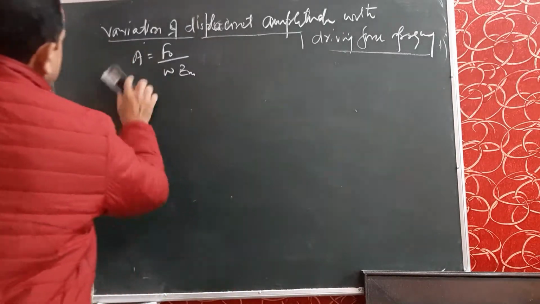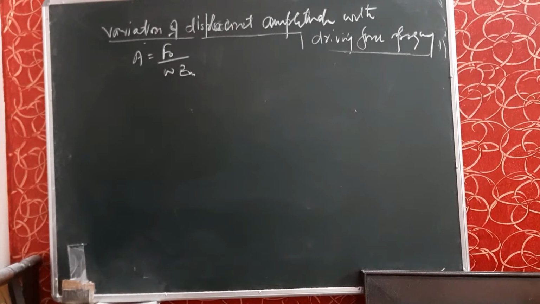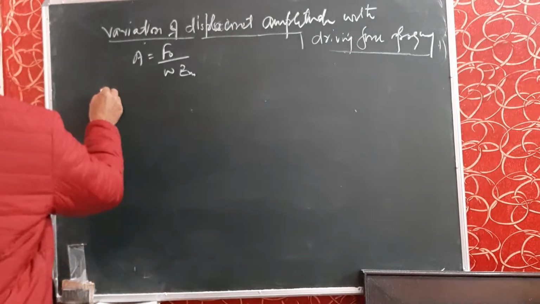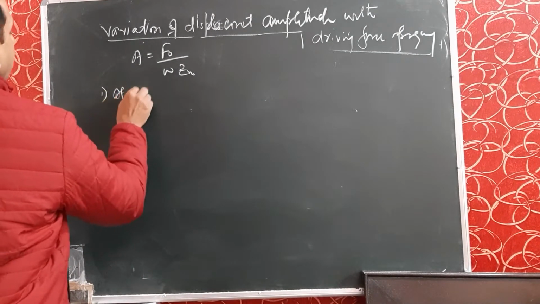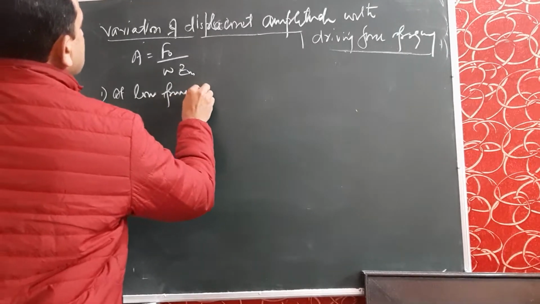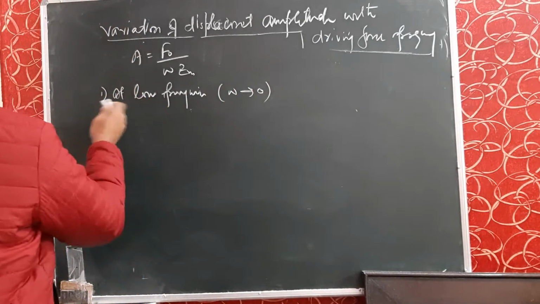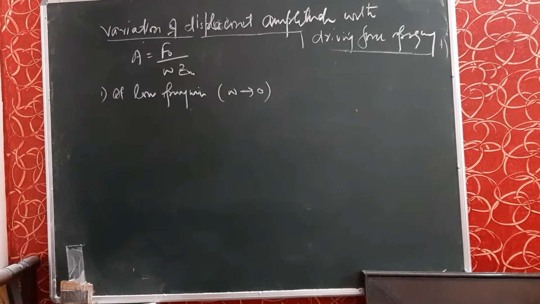Now, we will discuss its three cases. First case, at low frequencies, that is omega tends to 0. Second, at very high frequencies, that is omega tends to infinity. And third is intermediate frequencies, that is the resonance frequency.